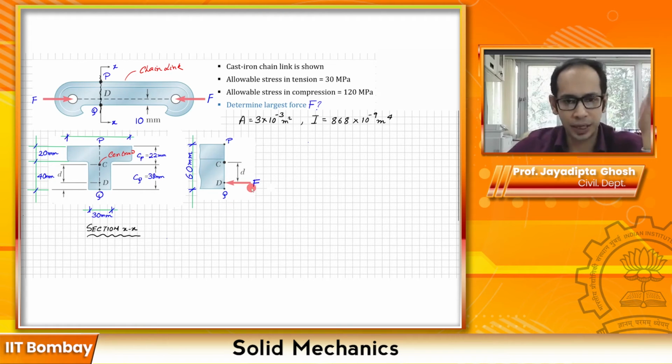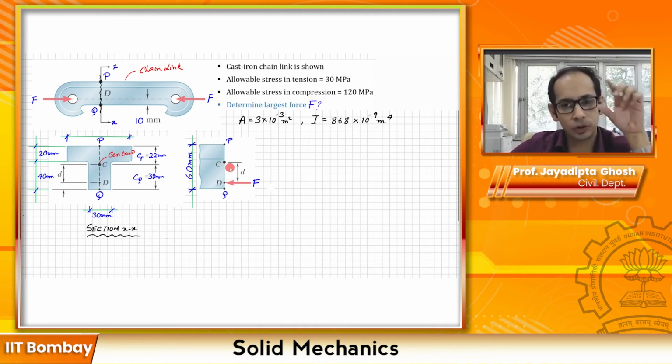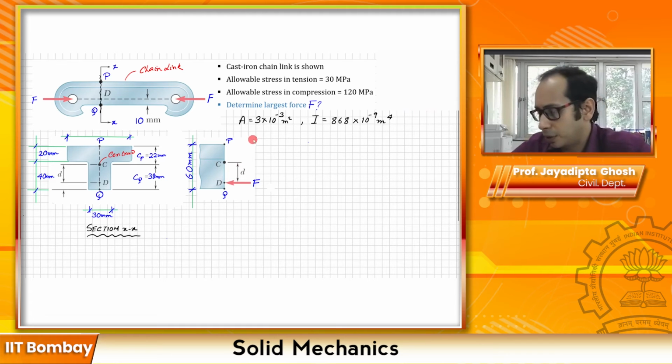As you can understand, we have this force F, which is an eccentric load. So we have to shift this force F to the centroid. And why do we have to shift it? To get a uniform axial stress distribution. Now as a consequence of the shifting, for an equivalent force distribution, we also have to add a couple, or a moment, over here.